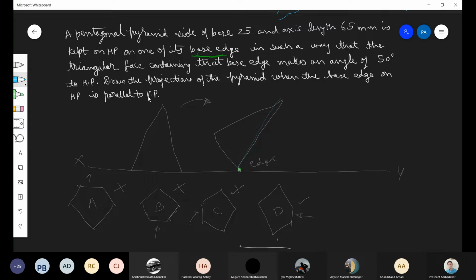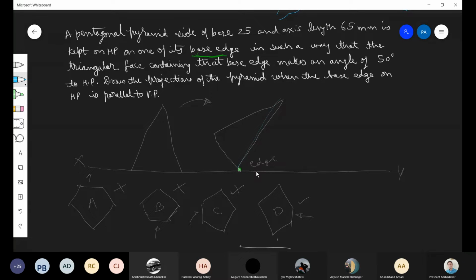This is the second condition, and the second condition has to be solved after the first condition is done. Understand this? This is the second condition, that the base edge on HP is parallel to VP. Now what is it saying? It is saying that the base edge is on HP.